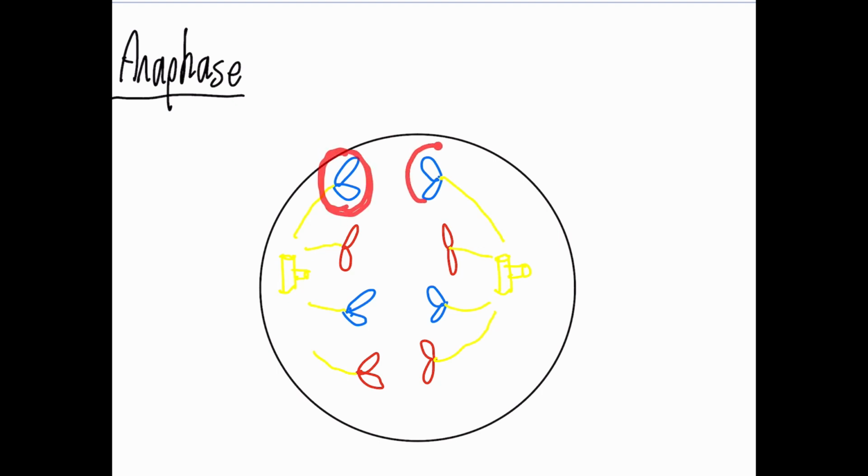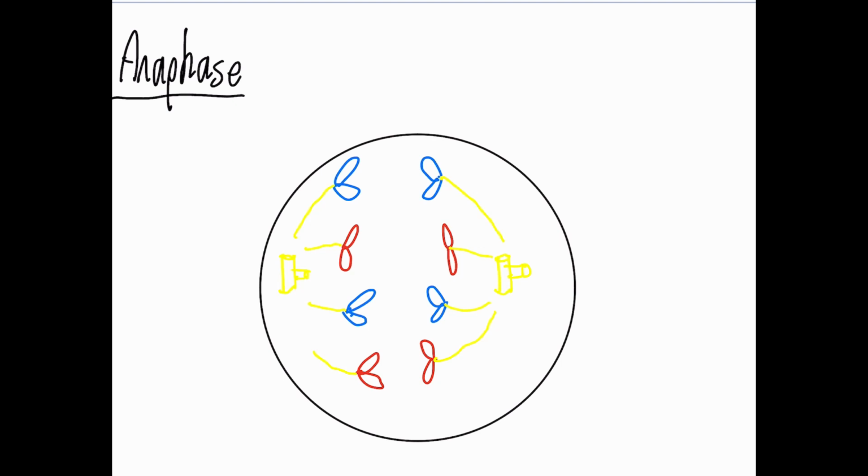So these 2 sister chromatids originally formed one chromosome. So it is said that the centromere of the chromosome has divided into 2, and the chromosome is split into 2 sister chromatids which are separated.